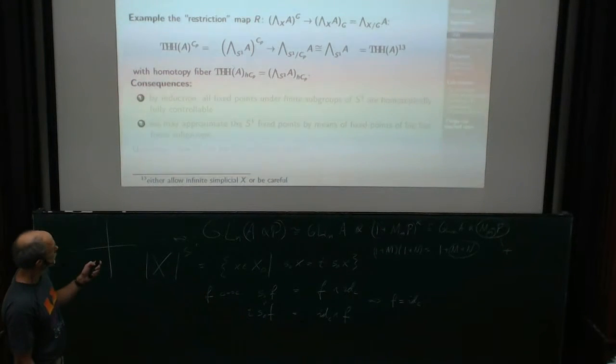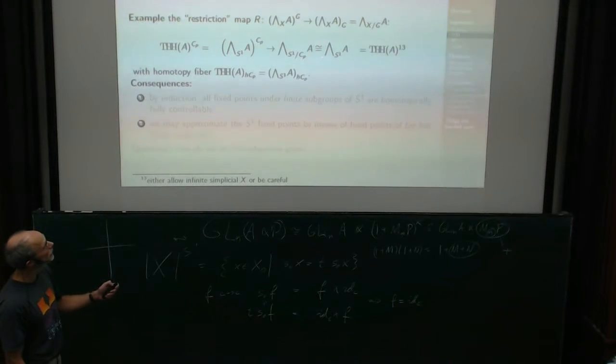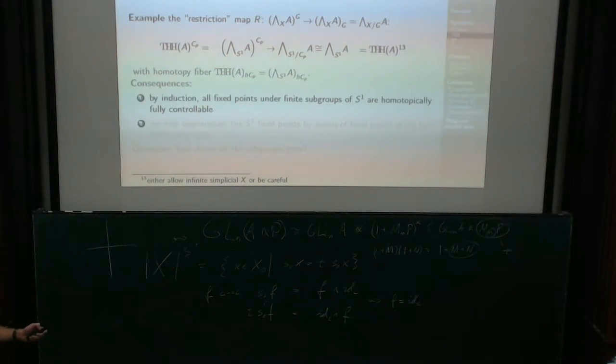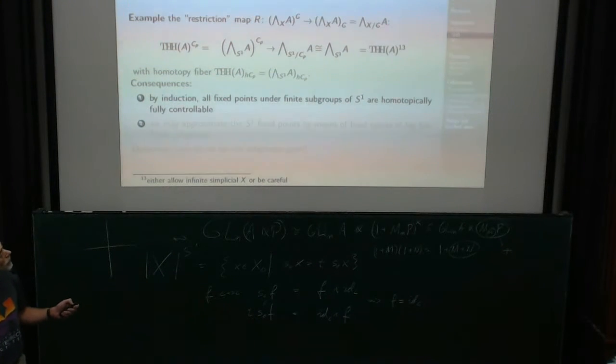Okay, so the fixed points fiber sequence, where at the base spectrum you have THH of A, and the fiber is the homotopy orbits, which means that, since homotopy orbits are homotopy invariants, by induction you will know that fixed points under finite subgroups of S^1 are homotopically fully controllable.